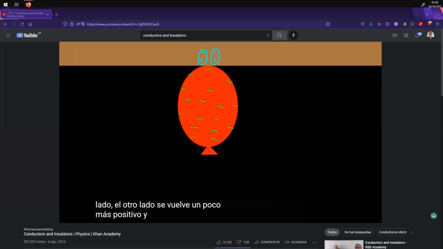and what that does is it causes a net force between the ceiling and the balloon because these positives are a little closer. So these positives are attracting the negatives, and the negatives are attracting the positives with a little bit greater of a force than these negatives are repelling the other negatives in the ceiling.